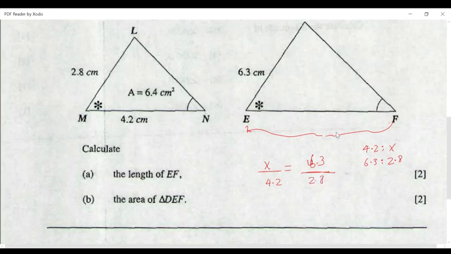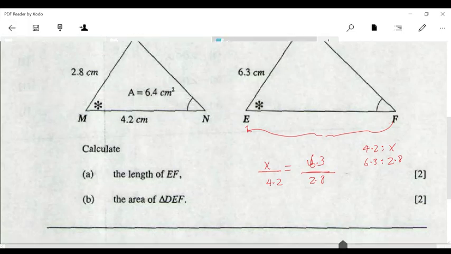And did I get that? This would cross here, x divided by 4.2, and then 2.8, 6.3. Okay, yeah, I see the problem now.